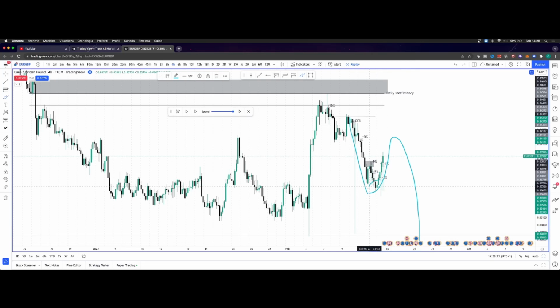So we try to catch these trades here in the worst areas possible. And you have to take this picture, save it in your folders, and remember to yourself that you have to stay focused on your higher time frame perspective.